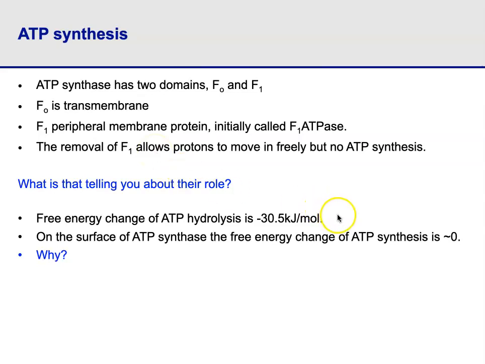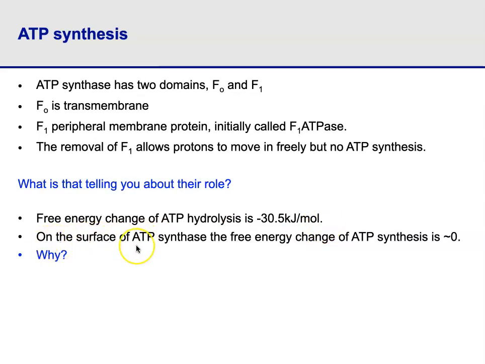So you've learned in this class that the free energy change of ATP hydrolysis is negative 30.5. In reverse terms, the free energy change of ATP synthesis is positive 30.5 kilojoules per mole. It's not a favorable process.